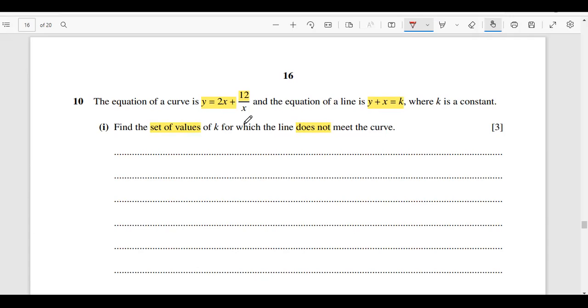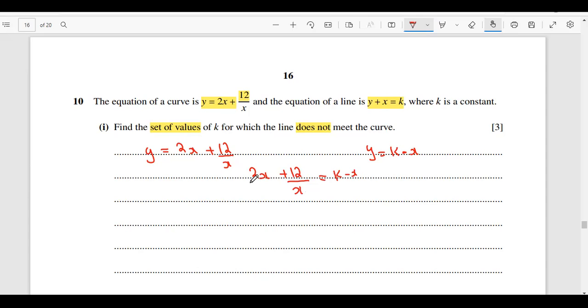Okay, so for this, I have y equals 2x plus 12 by x, and I have y equals k minus x. I can equate both the y's. You'll notice why I'm doing this. For such questions, we have a fixed method. 2x plus 12 by x equals k minus x.